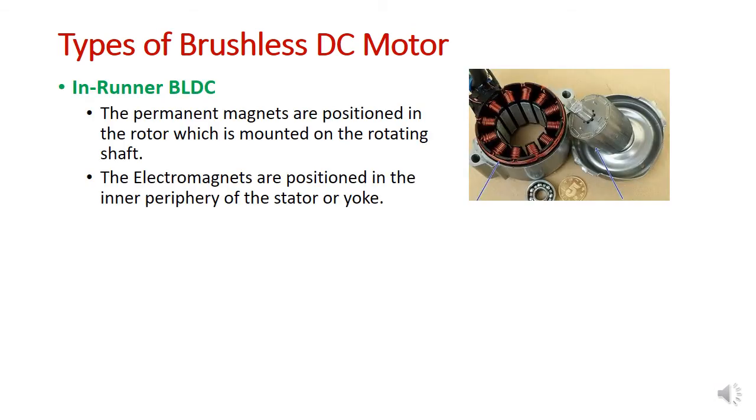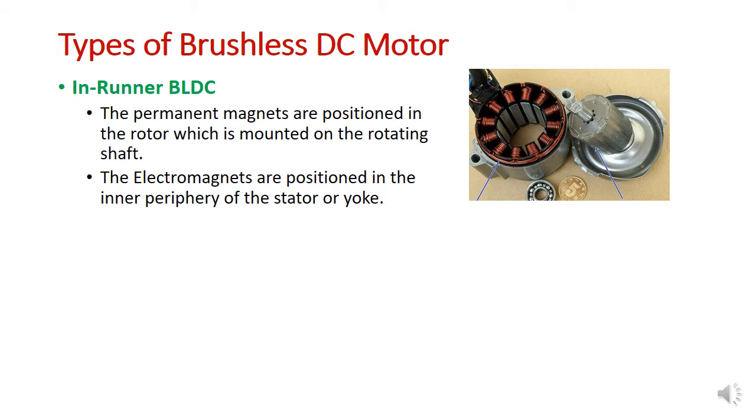And now the types of brushless DC motors. There are two types of brushless DC motor. One is called the inner runner brushless DC motor. Both have the same principle. The only difference is that in the inner runner brushless DC motor, the rotor consists of a permanent magnet placed inside the winding, which is placed in the stator or yoke of the machine.